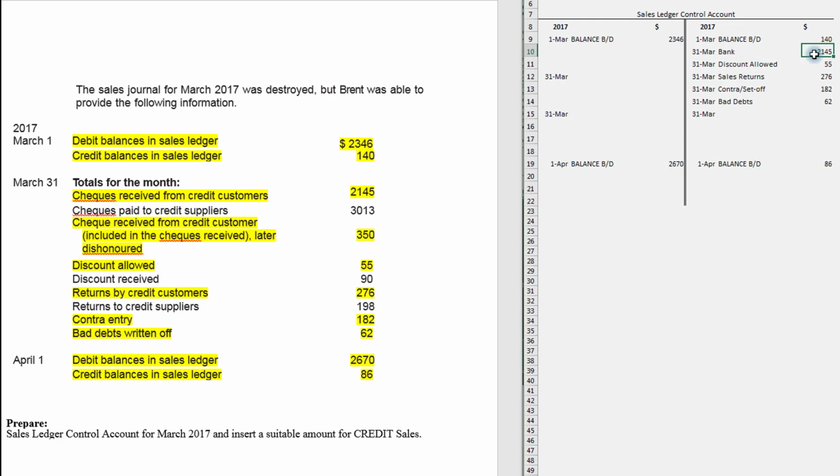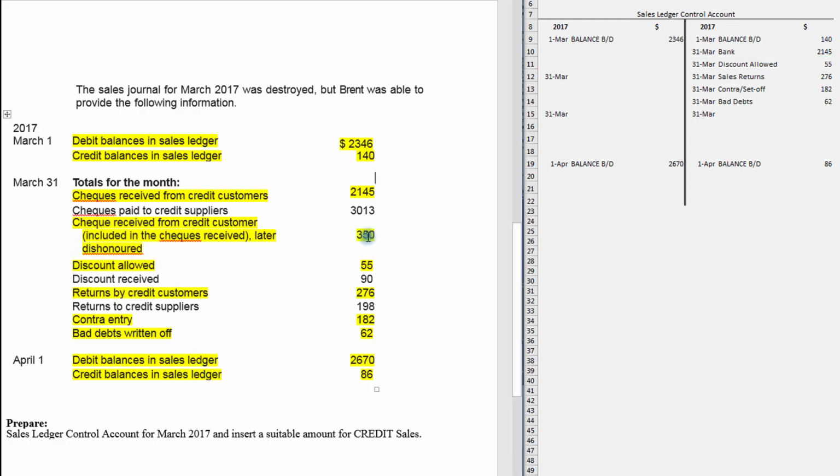Another way of looking at it: the debtors are paying us for the goods they took previously, so the balance should be decreasing, and we place the amount paid on the credit side. Discount allowed of $55 will also be placed on the credit side, because it will reduce the amount they're owing us.